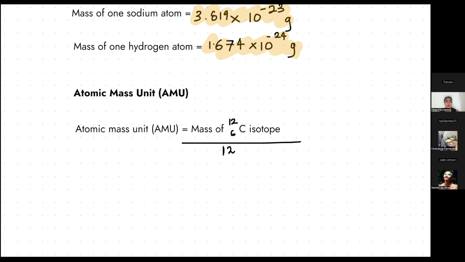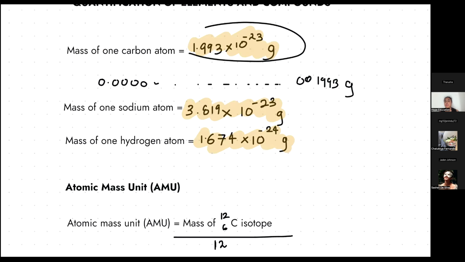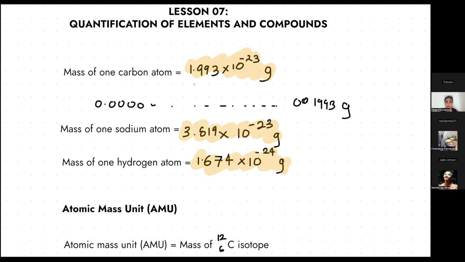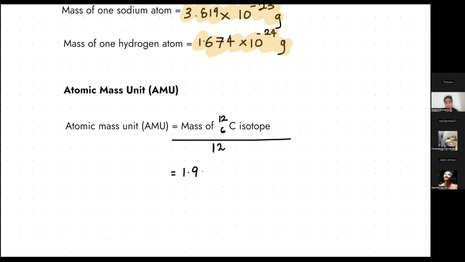The mass of a carbon atom is 1.993 into 10 to the power minus 23 grams. I will just say 1.99 into 10 to the power minus 23 grams. That I have to divide by 12.